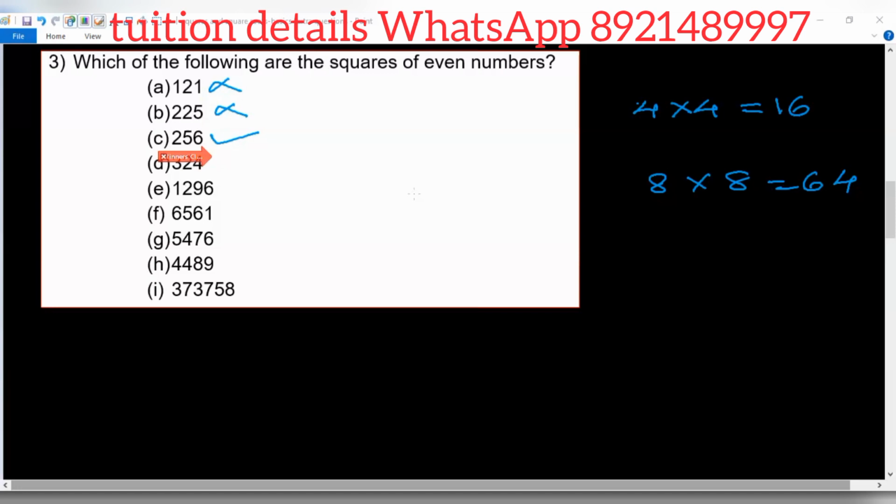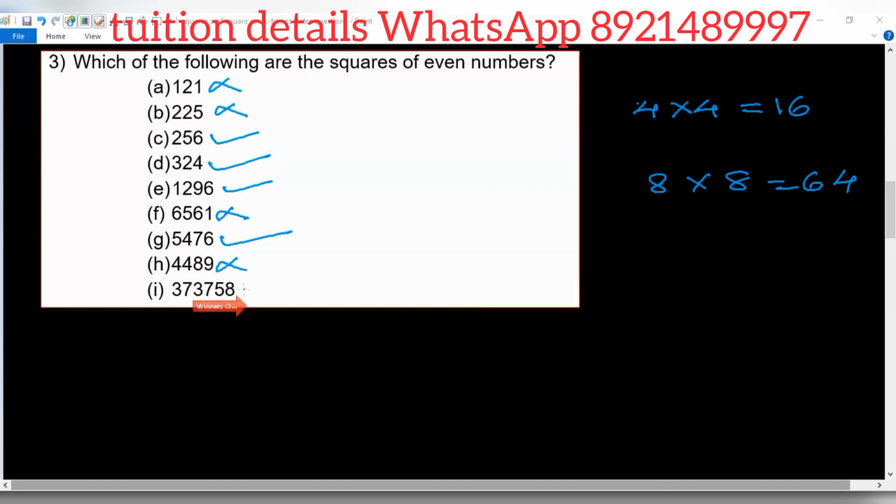Next one, 324. This is an even number. It can be the square of an even number. Next is an even number. It can be the square of an even number. Next one is odd. It cannot be the square of an even number. Next one is even. It can be the square of an even number. Next one, odd number. It cannot be the square of an even number.